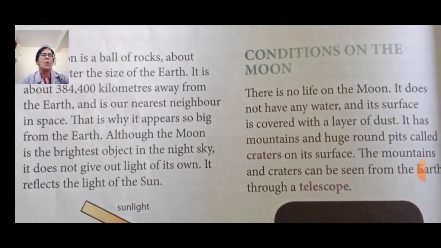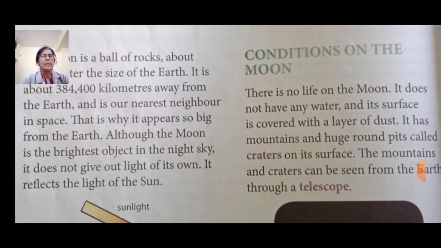The condition on the moon. There is no life on the moon. Why? Because just now I have told you that there is no atmosphere on the moon. It does not have any water and its surface is covered with a layer of dust. It has mountains and huge round pits called craters on the surface.